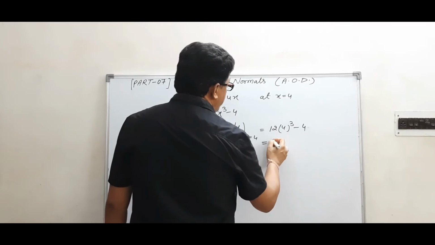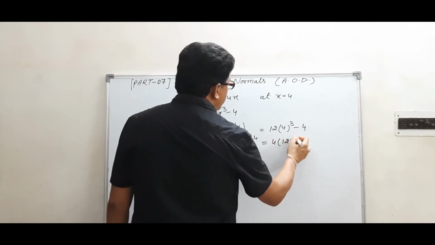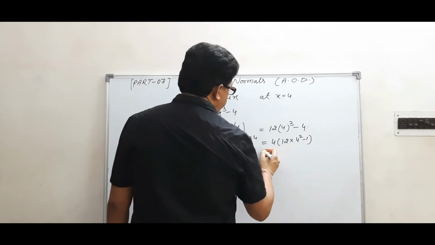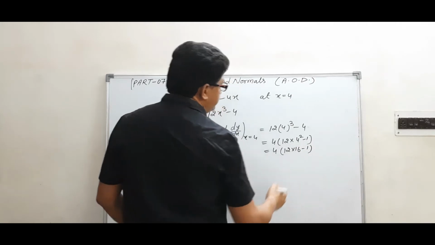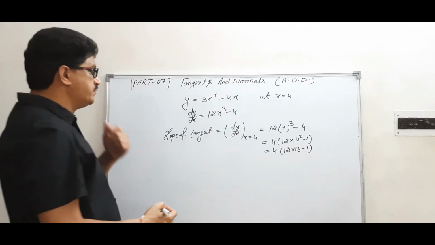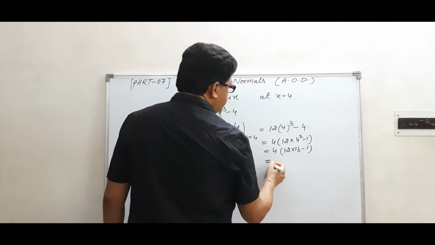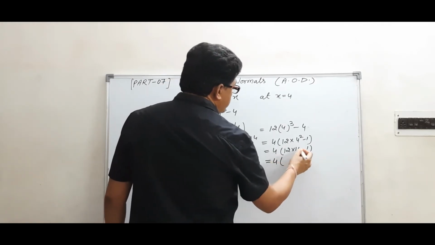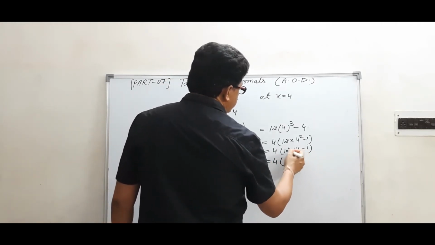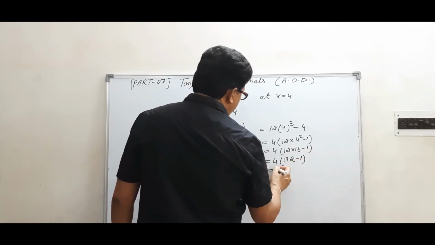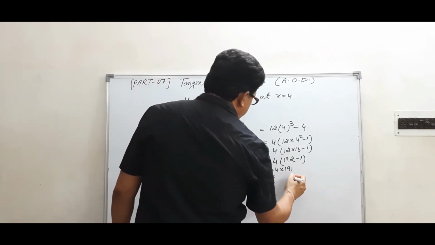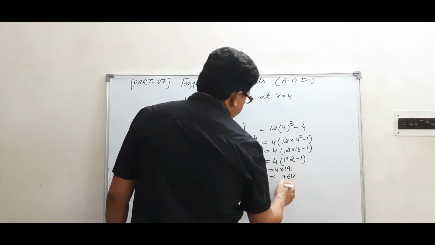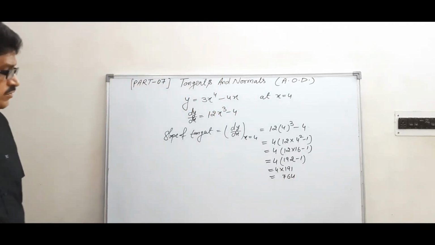Or you can take 4 common: 4 into 12 into 4 square minus 1, 4 into 12 into 16 minus 1, 4 into 192 minus 1, 4 into 191. So it is 764.